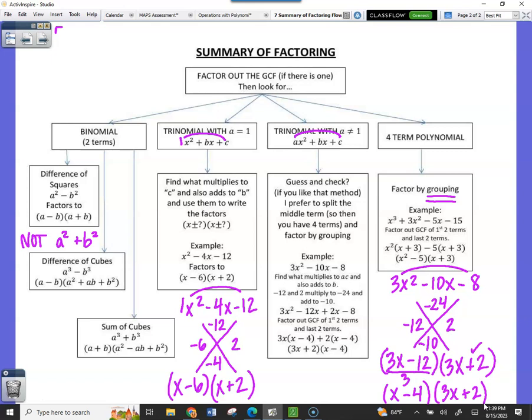As opposed to factoring by grouping. Okay, so what I've just put on the marker board is what's called factoring by grouping.